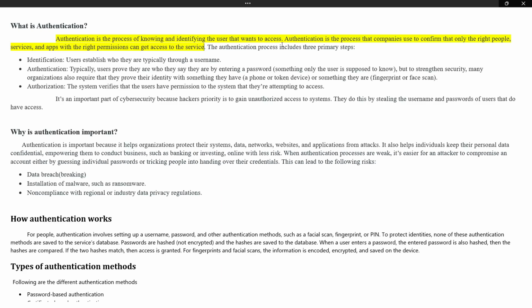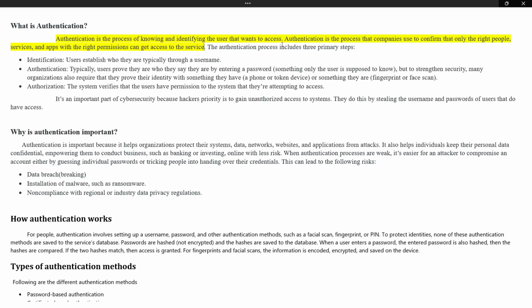Once we enter the username and password, the service will identify whether this user is registered in our system, how much access he or she has, and whether they belong to the user group, admin, or employees, or have different roles. After identifying all these things from your username and password, only then will they give permission to access the service.